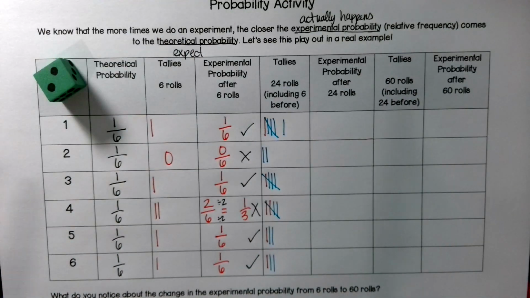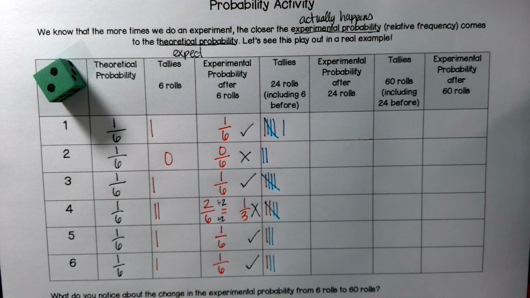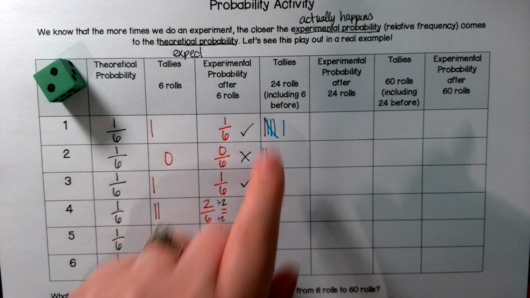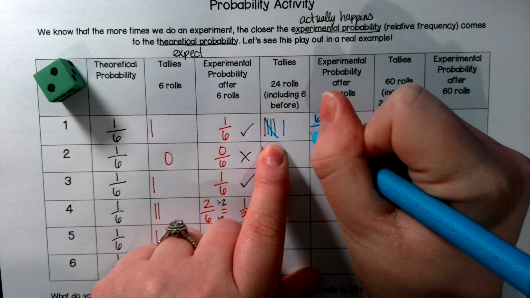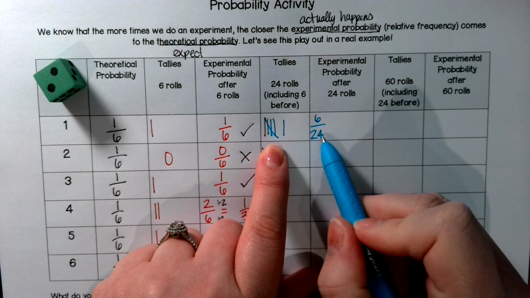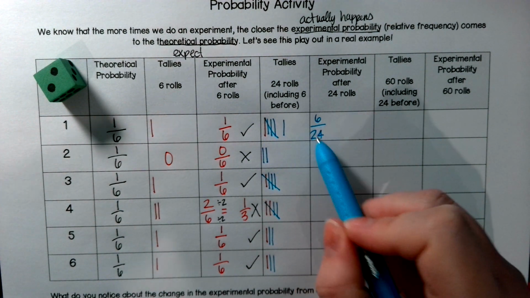So now let's check and see: is our experimental probability the same or is it going to be different? After my 24 rolls, 6 of the 24 were 1s.